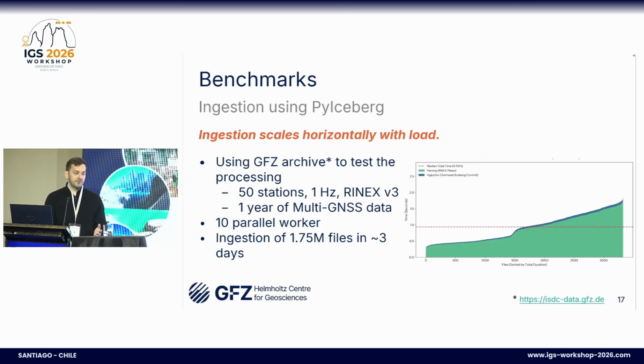So we basically have 50 stations, all tracking at 1 Hertz, all in RINEX version 3. And we have 1 year of multi-GNSS data. We set up 10 parallel workers, and we basically could ingest our data with a median total time of about 1 second. So if we would scale it up or do the maths here, we could ingest a whole year of GFZ data in 3 days.